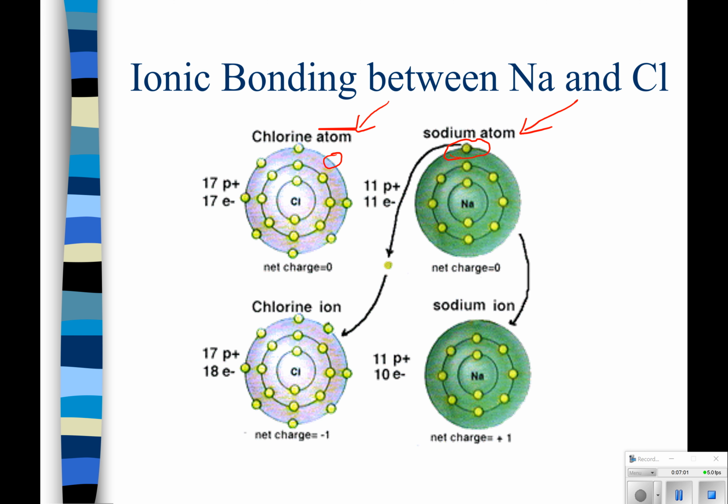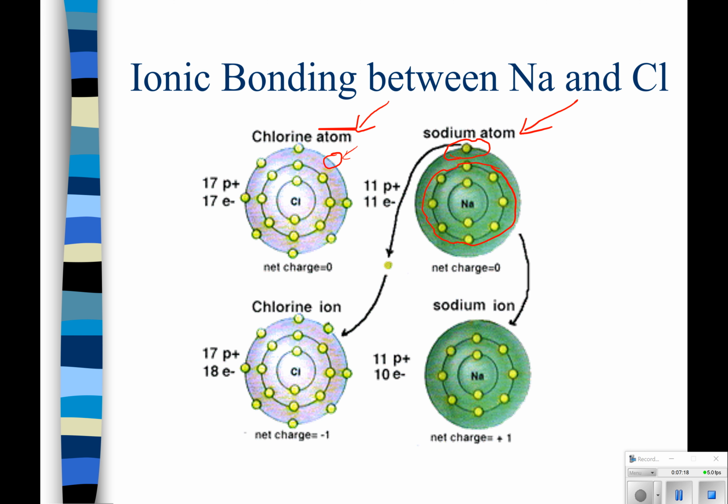In order to get a stable octet, if sodium loses this one, it can have a stable octet in its second level. And if chlorine gains one, then it can have its stable octet filled in its outer level.